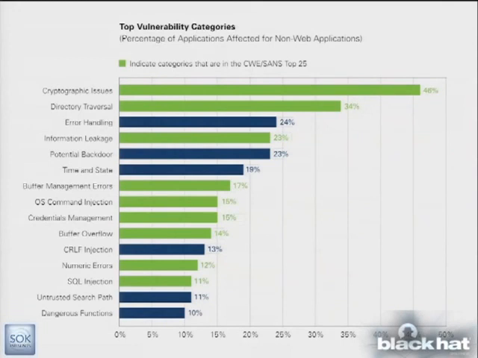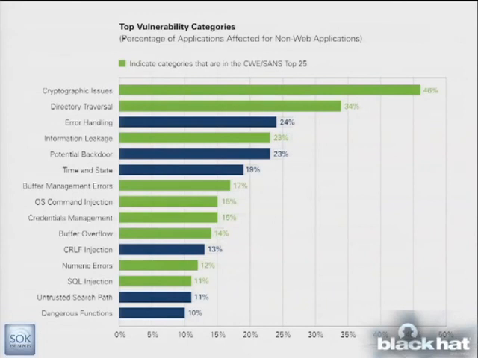Again, down here in non-web applications, we have some classes of issue like buffer management errors, buffer overflows, and numeric errors, which we typically don't see in web applications because web applications are usually written in scripting languages or type-safe languages like Java and .NET, which don't have those problems.